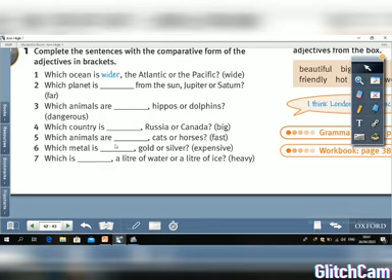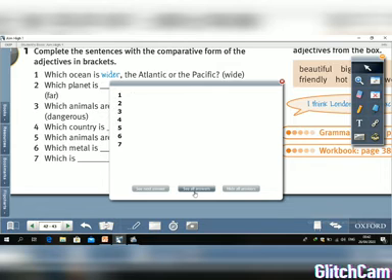Which animals are faster? Which metal is more expensive? Which is heavier? Let's check our answers. Wider, farther, more dangerous, bigger, faster, more expensive, heavier.